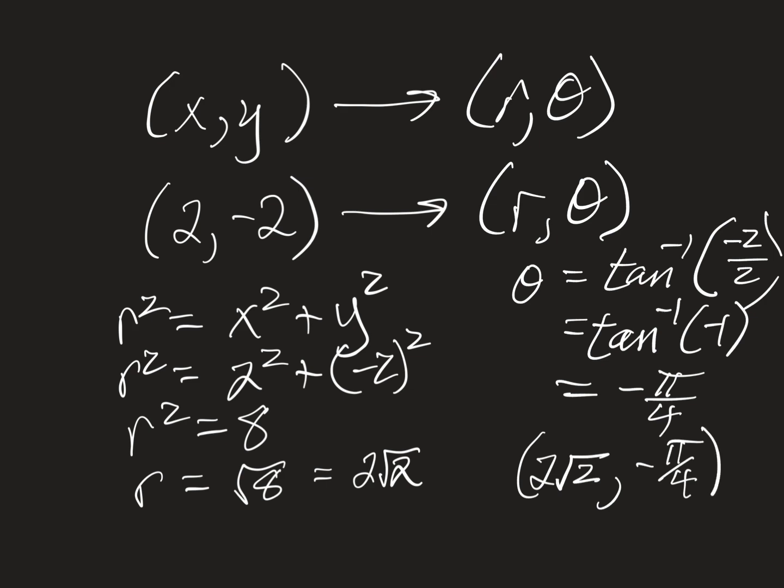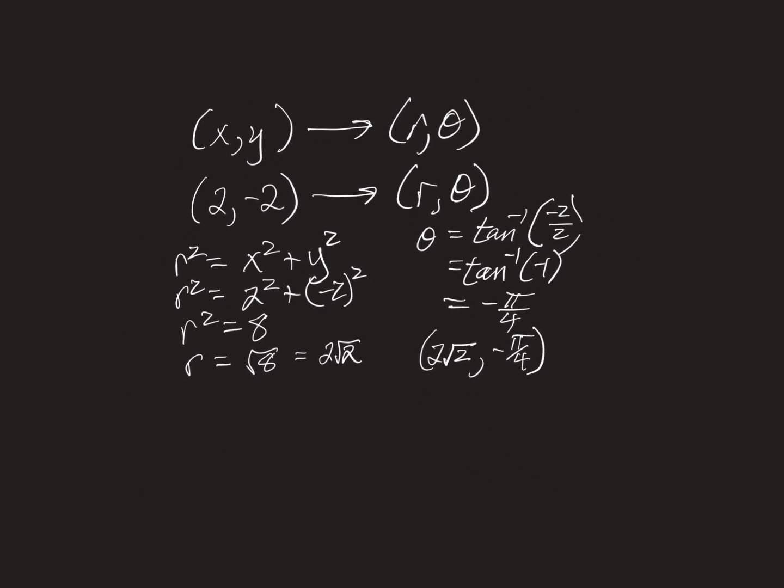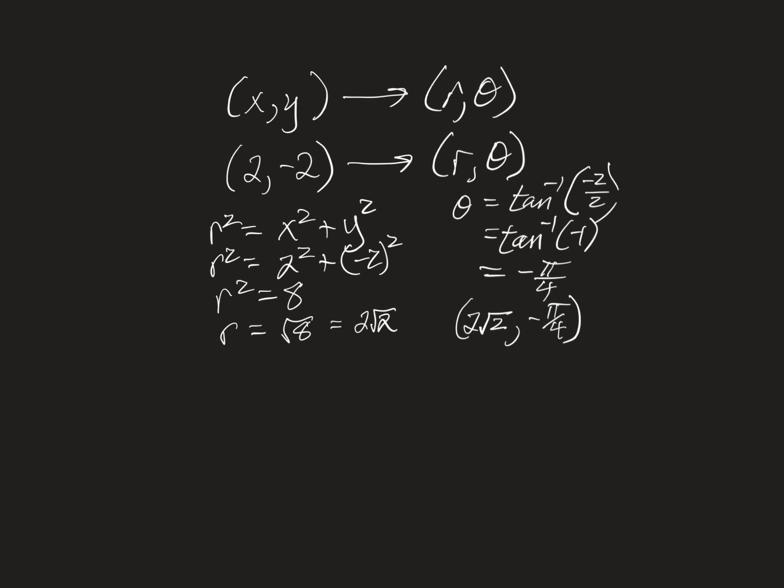Now, because of this inverse function thing where you have restricted domains, I would like to check this out and see if they're in the same place. If you look, (2, negative 2) is right here. And then 2 square root of 2 is the radius, at negative pi over 4.